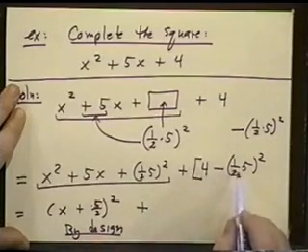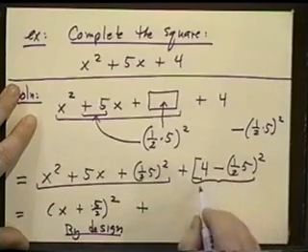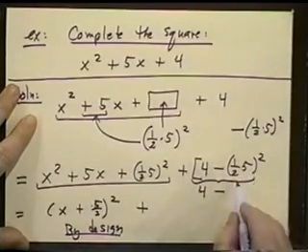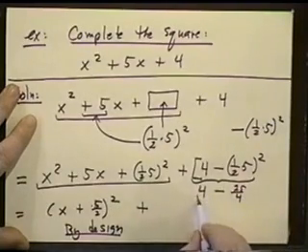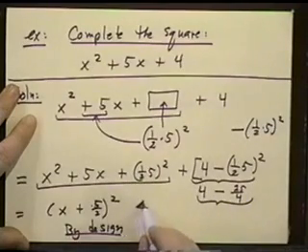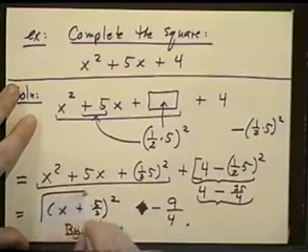So let's just look at this and say to ourselves, what is this? This is, do a little scratch work here. This is 4 minus, let's see, (5/2)^2. That's 25/4. And 4 is 16/4. So 16/4 minus 25/4. So this, in fact, can be rewritten as -9/4.